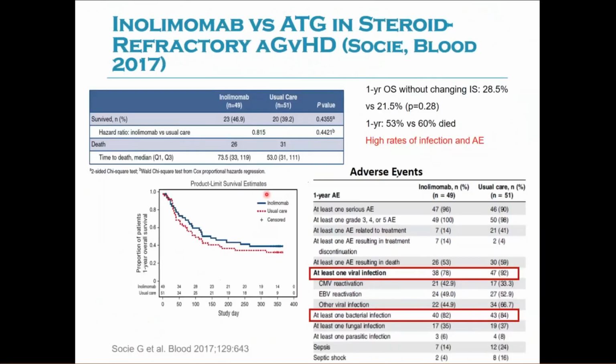Another randomized study tested inolimomab versus ATG in this refractory patient cohort. The 1-year overall outcome was comparable between the 2 arms but there was a high rate of infection and adverse events for the inolimomab arm.